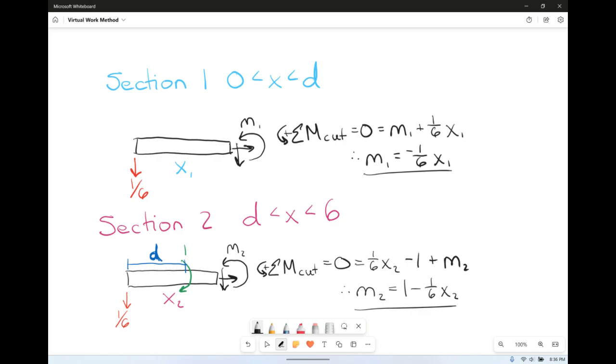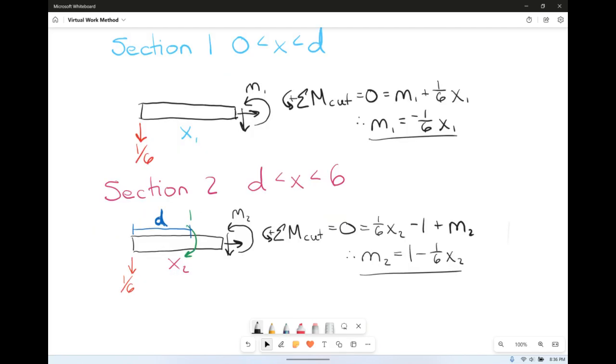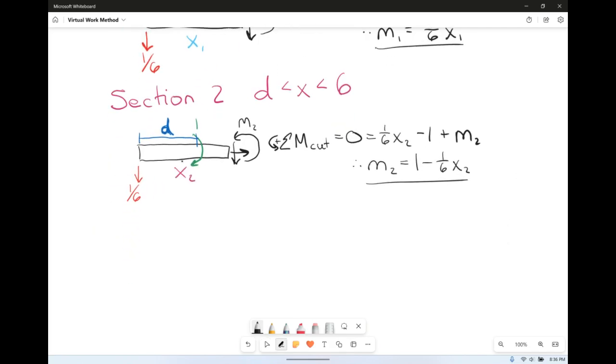So now what we want to do is use our equation, where slope is equal to the integral of the length of our cut of big M times little m over EI dx. That's our equation.